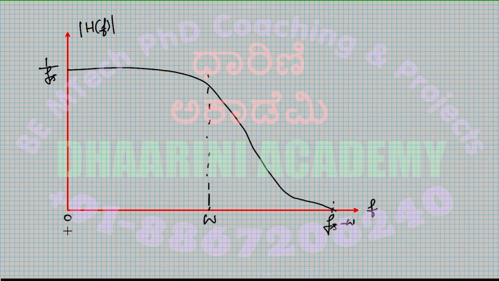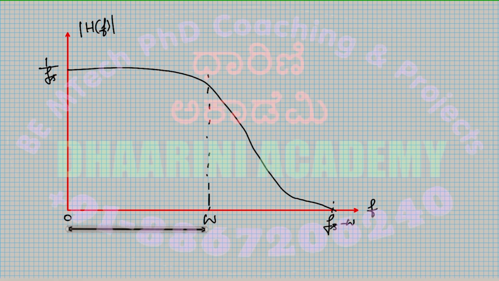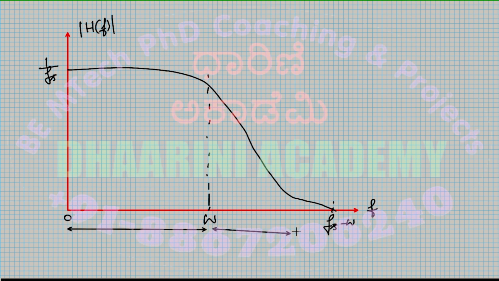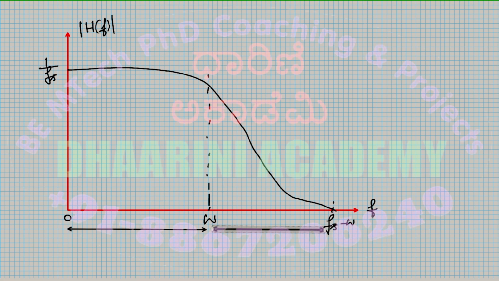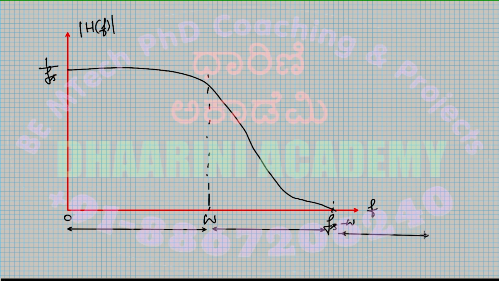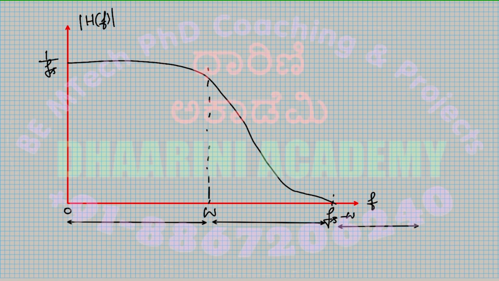Whatever the filter passes is called the pass band. Then you have a transition band, and right now we are going to call the transition band the guard band. Outside the guard band, whatever frequencies exist that the filter is not going to pass, we'll call by the default name, the stop band.